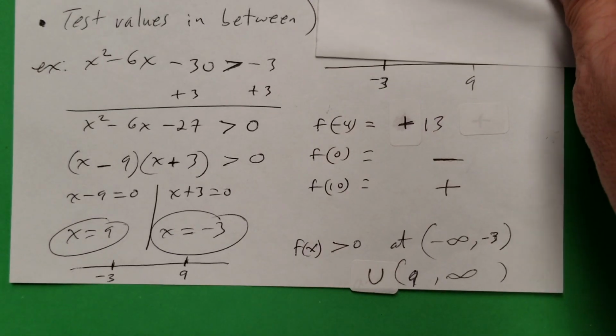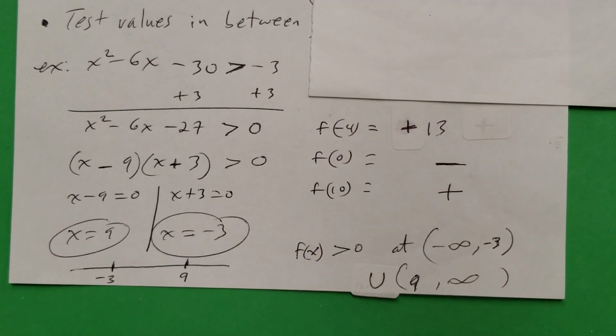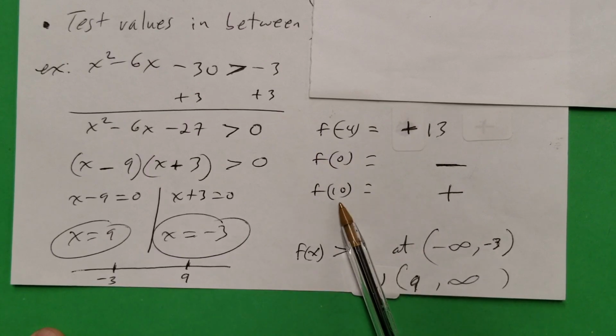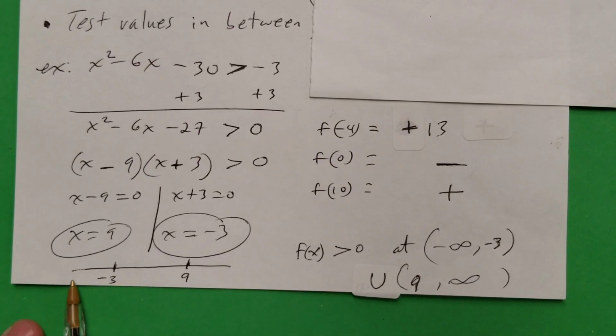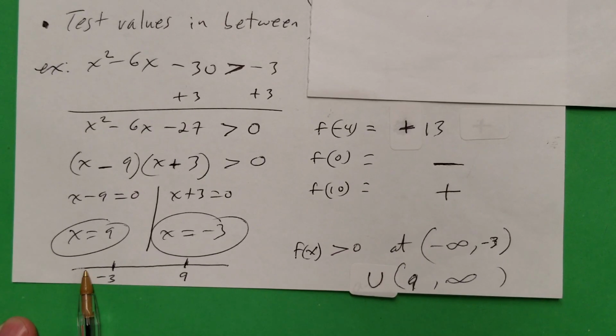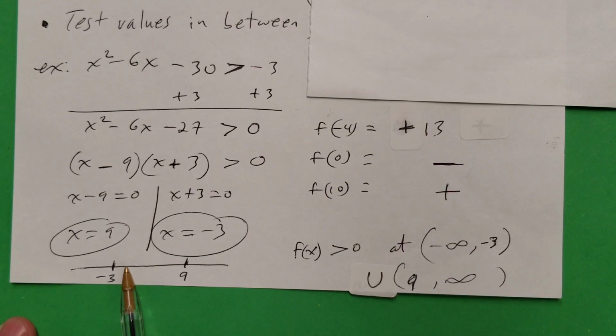So on the side here, I decided to pick -4, 0, and 10. Okay? You can pick any number here. I chose -4 because it was the smallest. Right? You can choose any number here: 8, 7, 6, 5, 4, 3, 2, 1, 0, -1, -2.